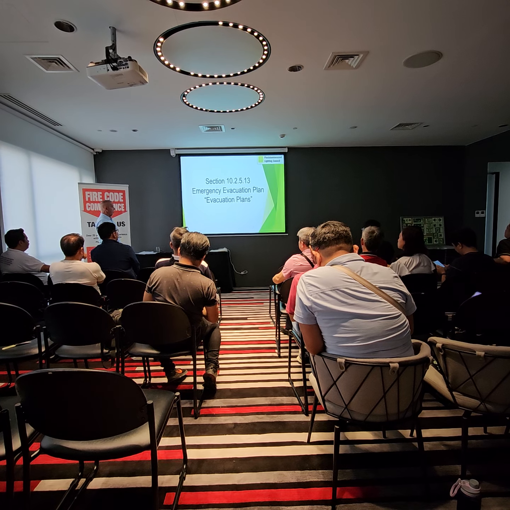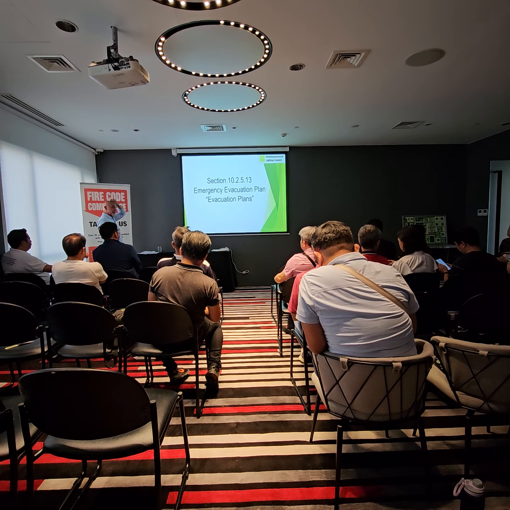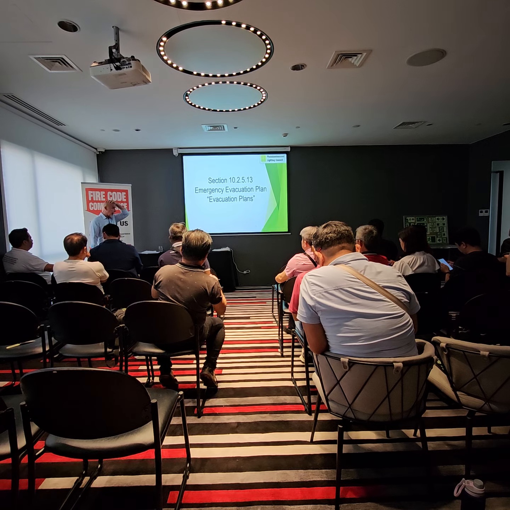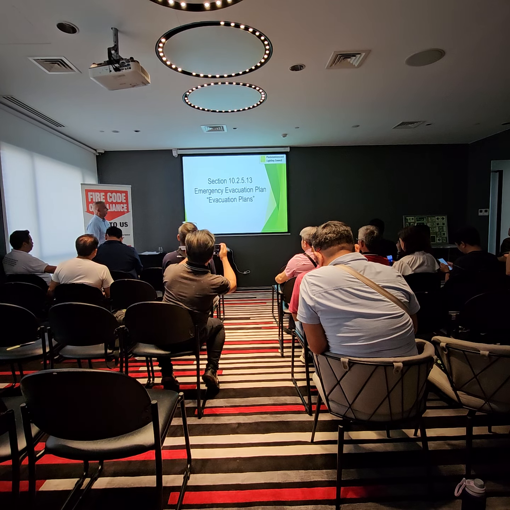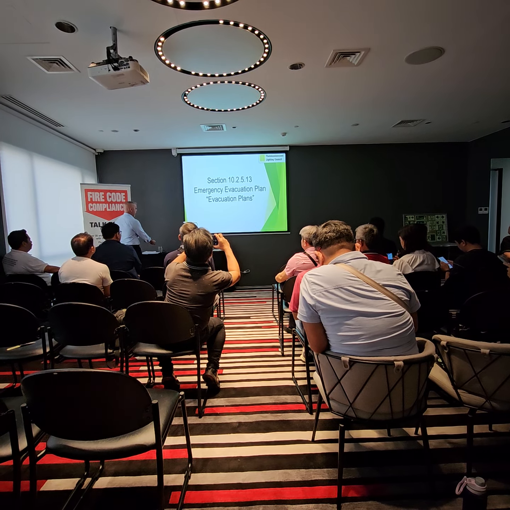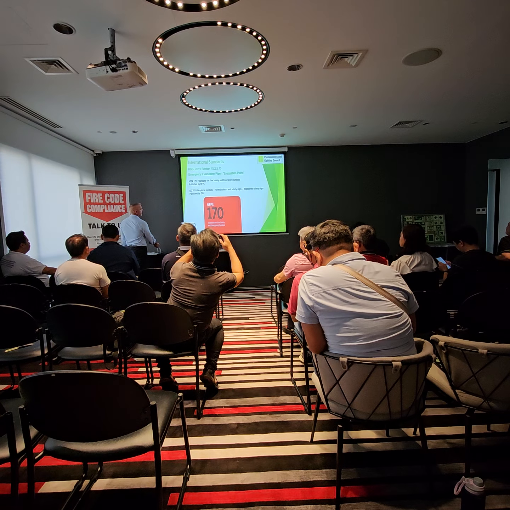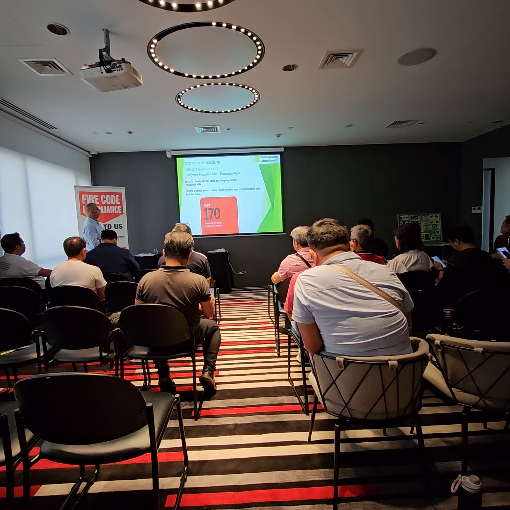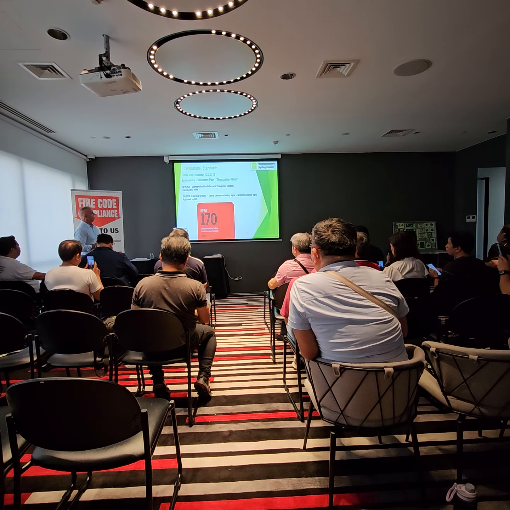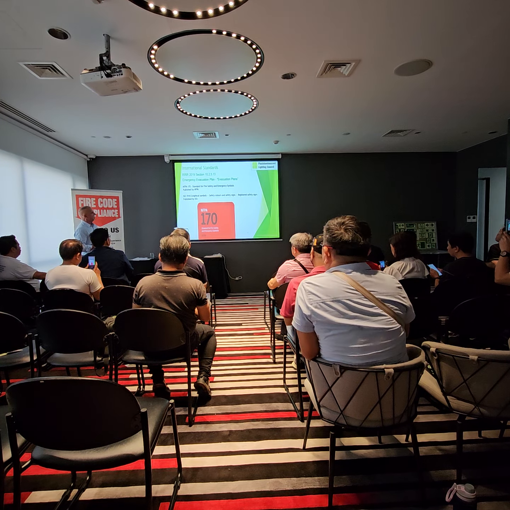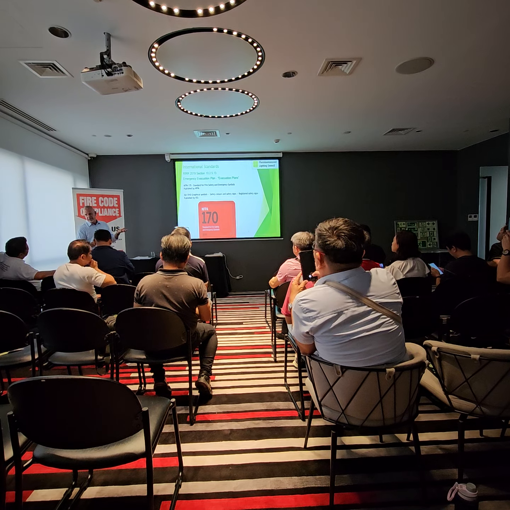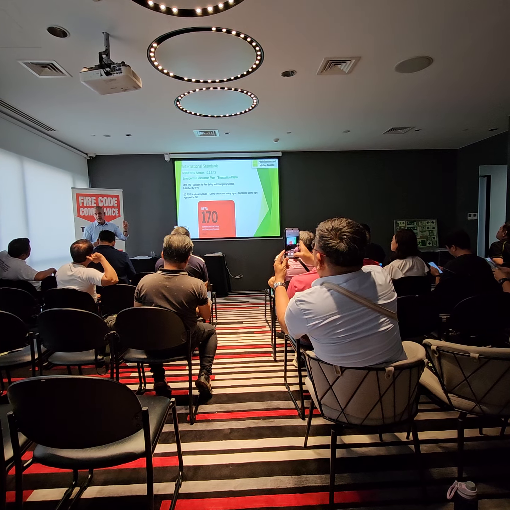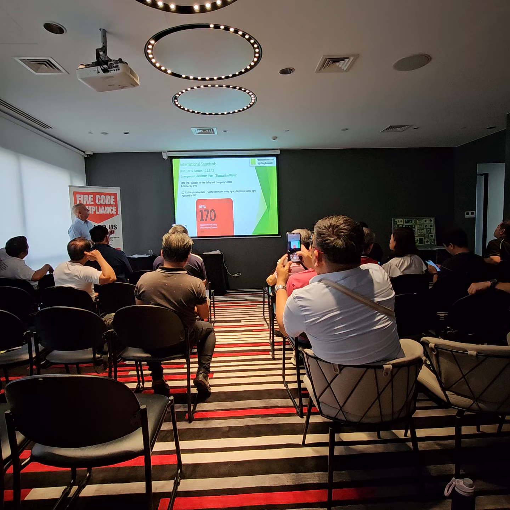So the first clause that we're going to look at, we're starting with the simplest first, is for evacuation plans. It's actually reasonably straightforward. In the clause it references NFPA 170, which contains most of the symbols that are to be used on the plan.